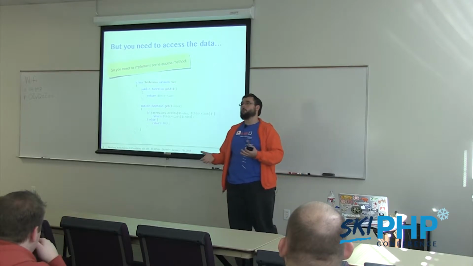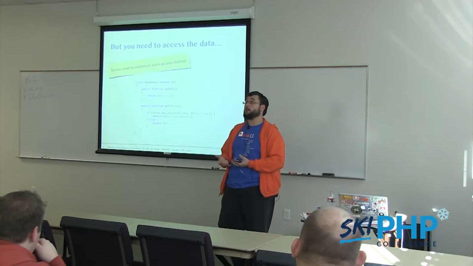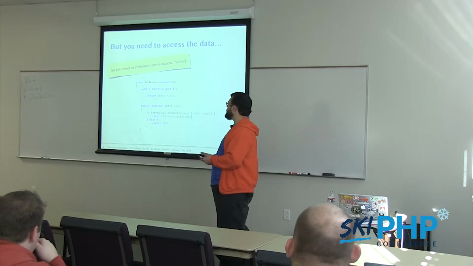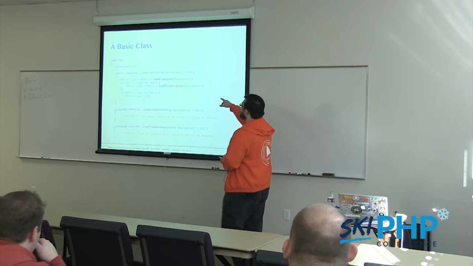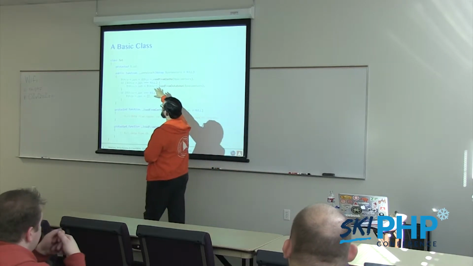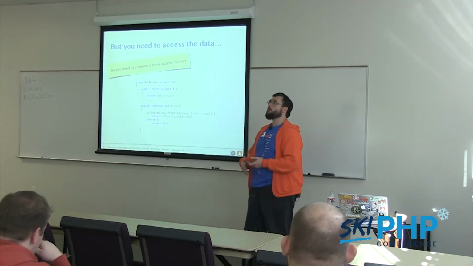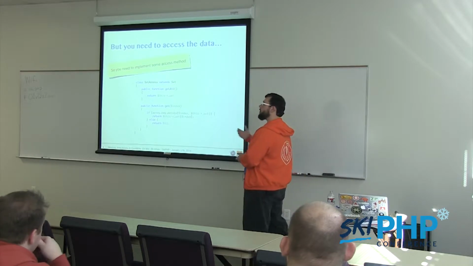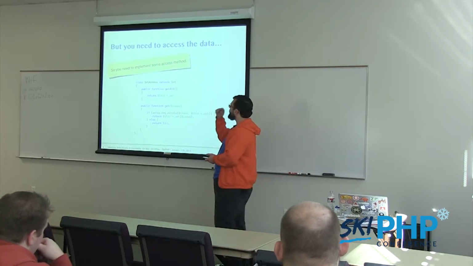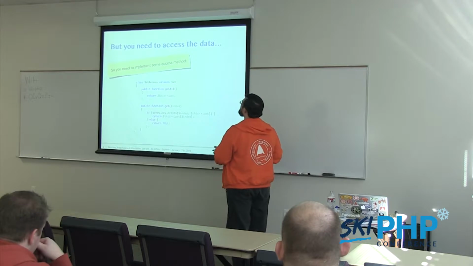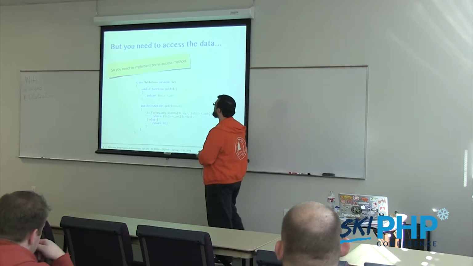But now, when you have this, you need a way to actually access that data. And typically, if you'll notice, we did make this set protected because we didn't want true direct access to that. That's something we want the class to manage. So we need to make a way for someone using this object to be able to access this data. So you might end up doing something like this.